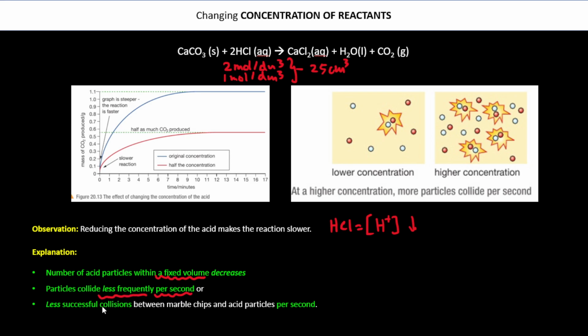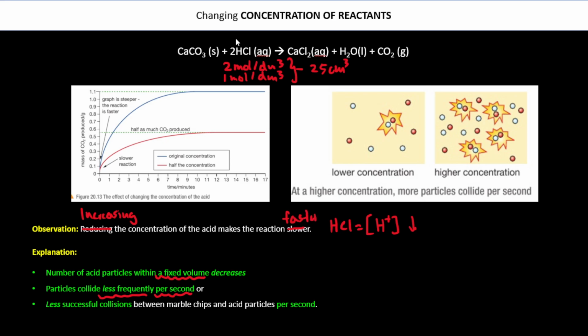So fewer successful collisions between the marble chips and the acid per second means that the reaction rate will be much slower. In a reverse way, we can also say that increasing the concentration of the acid is going to make the reaction much faster.